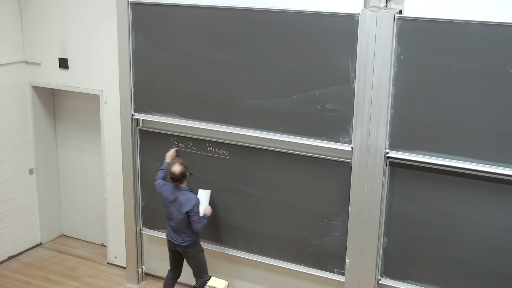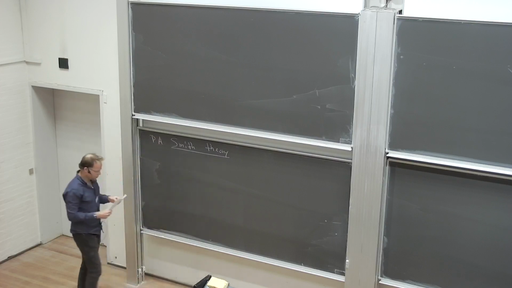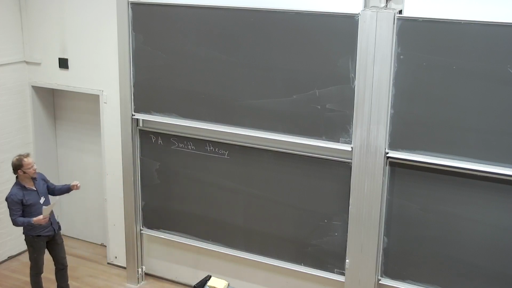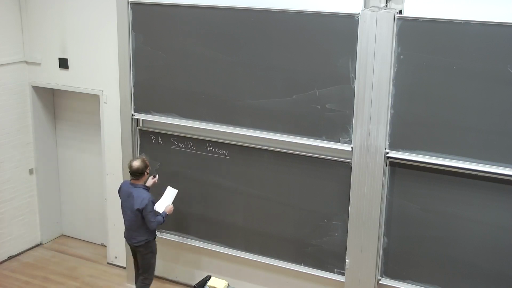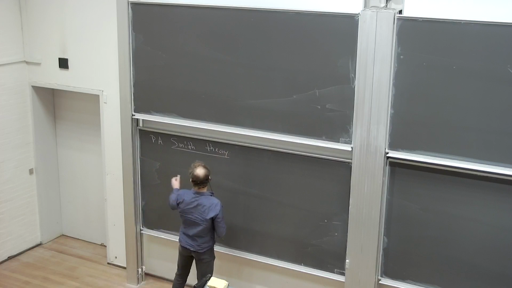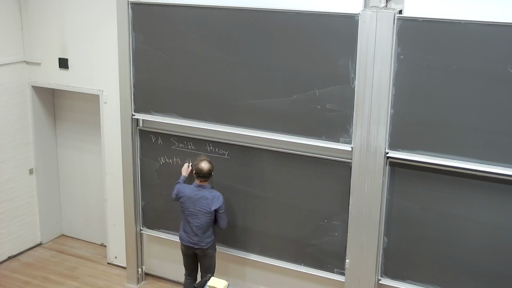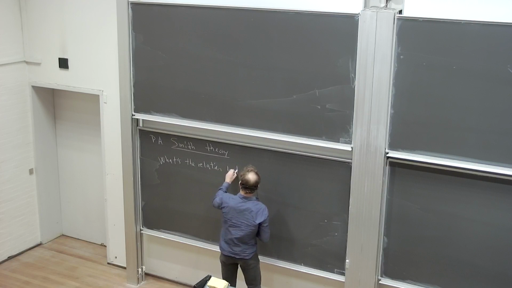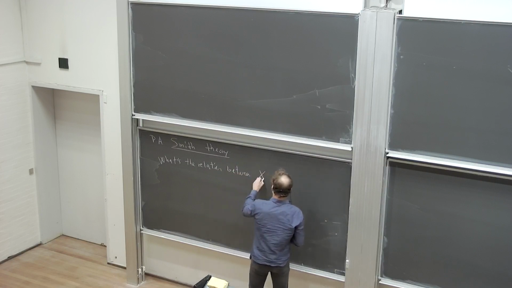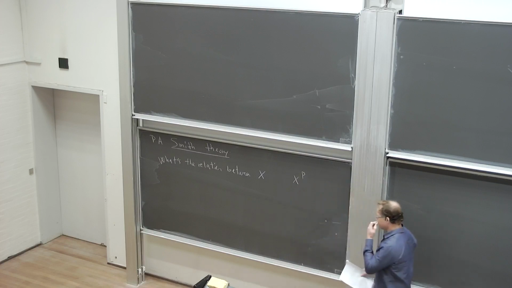So we had Smith theory come up in the first talk. So this is P.A. Smith's theory, and there is some discussion of what that word really means. And for me, I guess it means the relation between X and the fixed points.